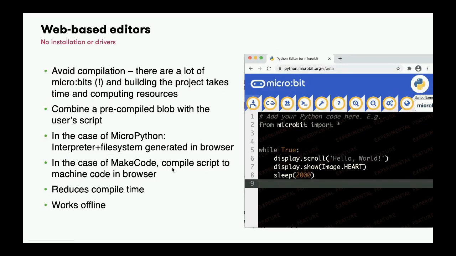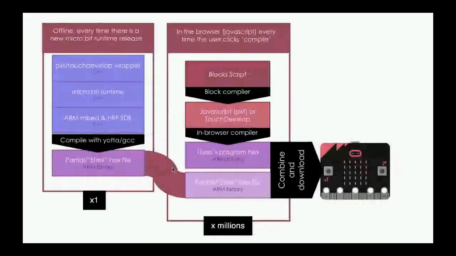In the same way, you're just compiling the student script from JavaScript into Thumb2, and that means you do this offline once every time there's a new release of the runtime, and you build the shell hex file. Then in the browser you take the student script, you compile it first into JavaScript, and then that gets combined into ARM assembler, concatenated with the original shell hex file and put onto the microbit.